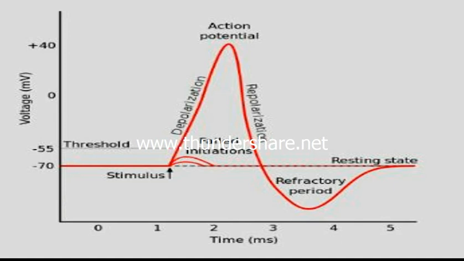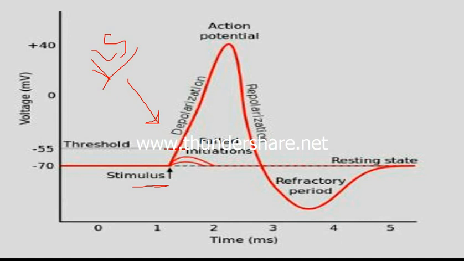So what is threshold potential? All the cells have a potential, but when we bring the potential of the cells to a point in which a very little stimulus can start the depolarization, this point is called threshold potential.